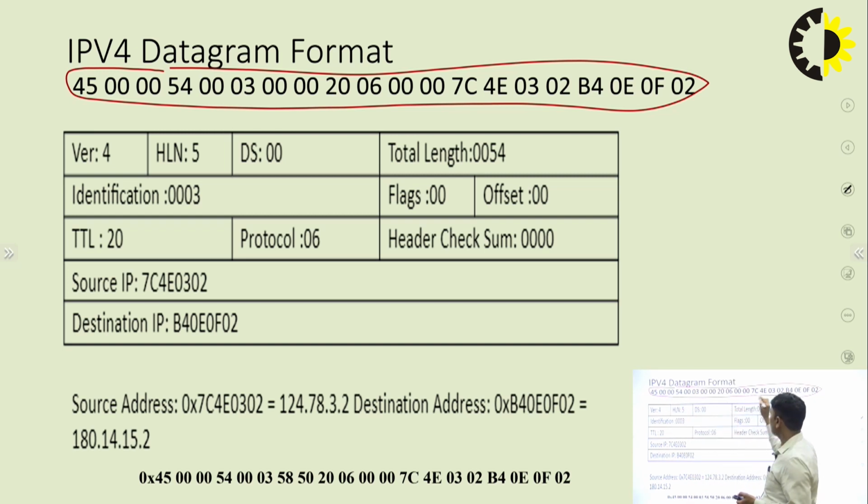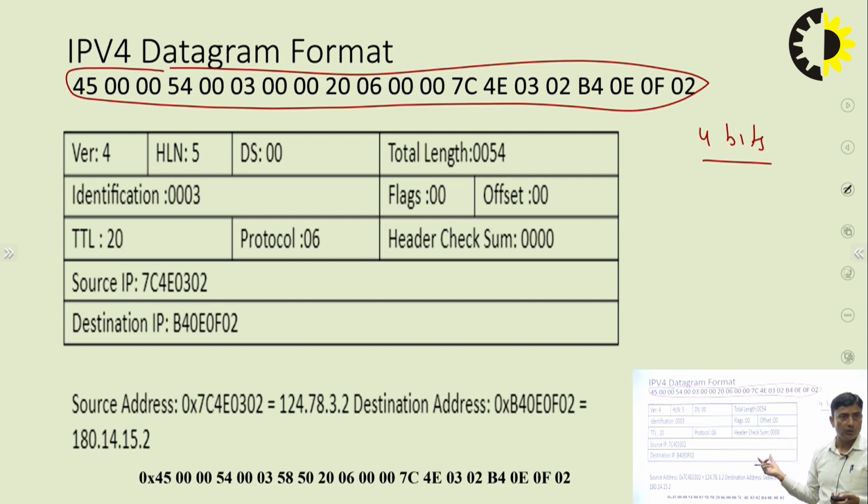Hexadecimal means each symbol is of 4 bits. You know that. So the first symbol is given in the version field, because the version field consists of the first 4 bits. So the first symbol comes here.